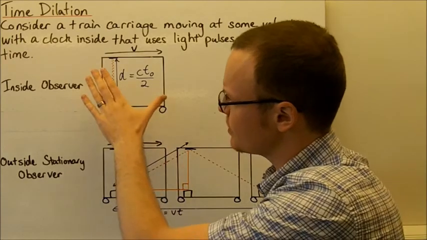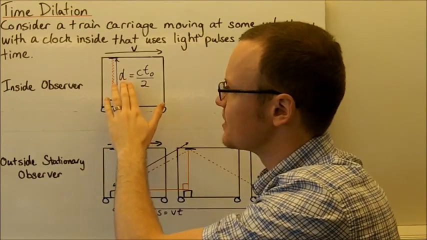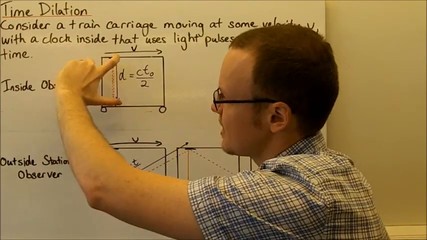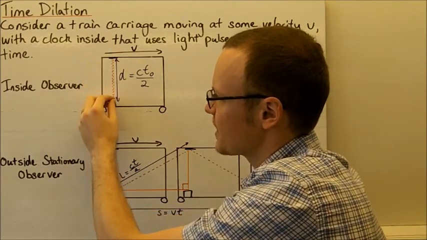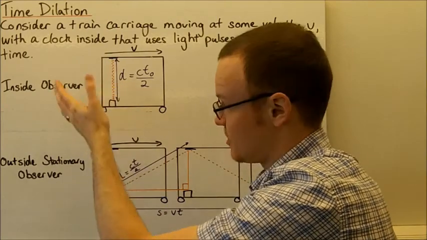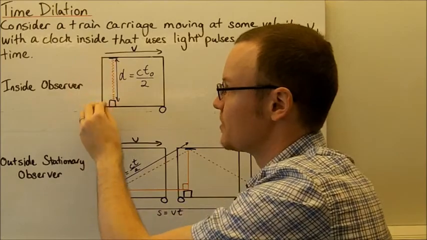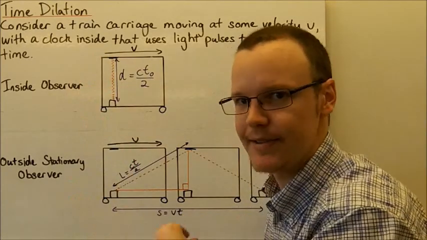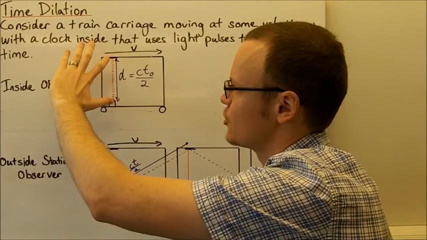Looking at the inside observer for the moment, the distance that the light is going to traverse, because it's emitted and then reflected back, is going to be c, the speed of light, times t0, divided by 2, because it's going up and back.